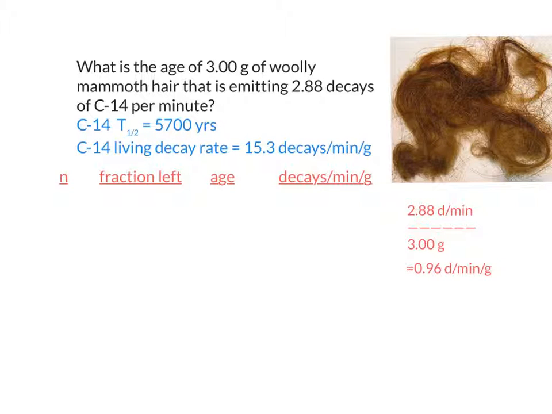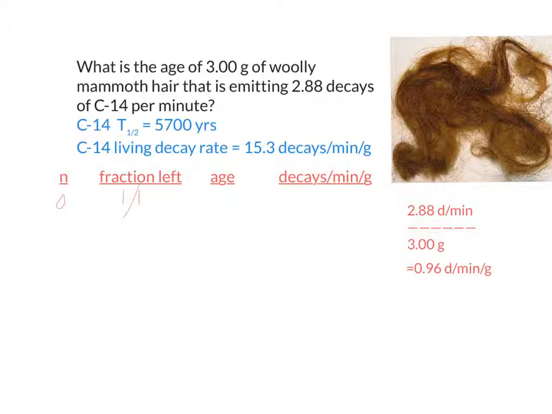Let's go ahead now and start filling out the columns. We're always going to start with the first two columns being the same as any other problem. So I'm going to begin with 0 half-lives. Fraction left will be 1 out of 1. We're starting with our original sample, and according to our half-life of 5,700 years, we're going to have to put that in here, but we don't want to put that 5,700 years for the first age.